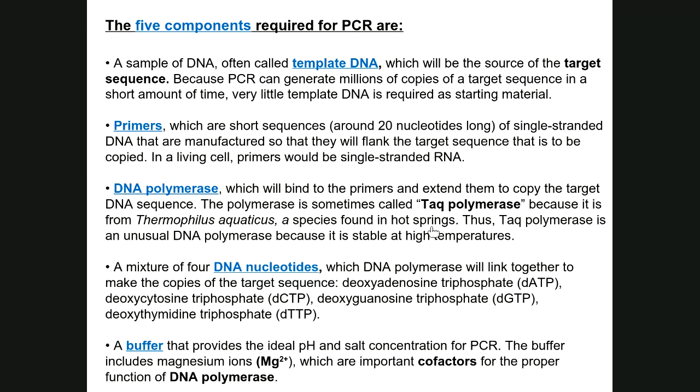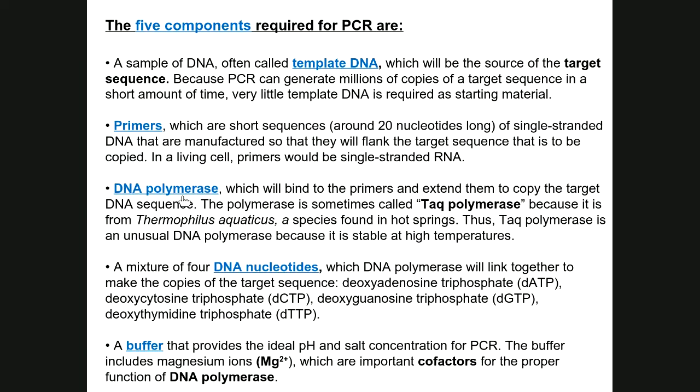They call this Thermophilus aquaticus DNA polymerase, Taq polymerase. Obviously, the T is for Thermophilus, the AQ is for Aquaticus. Most people will say Taq DNA polymerase. This enzyme is also in a solution in a buffer.